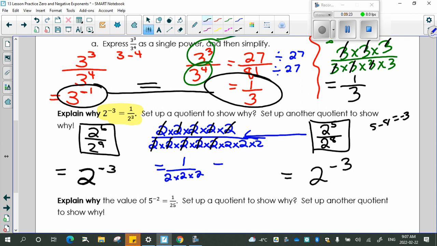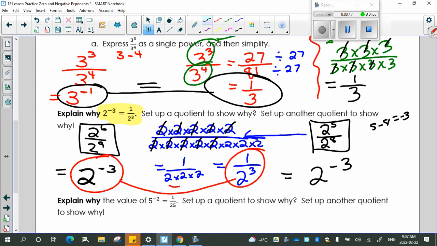But what's another nicer way of writing 2 times 2 times 2? How can I write 2 times 2 times 2 with an exponent? 2 to the power of 3. Okay? So again, 2 to the negative 3, we just showed, is equal to 1 over 2 to the positive 3. Okay?